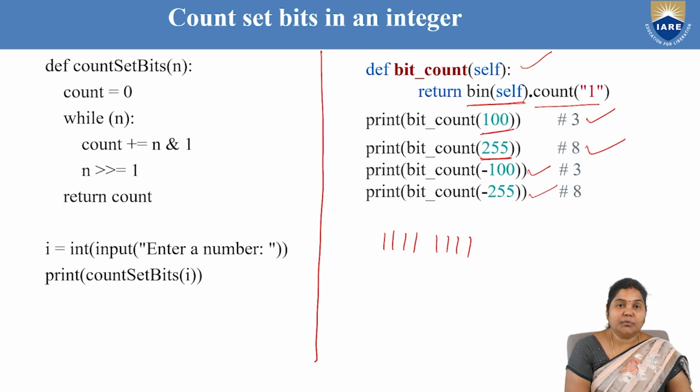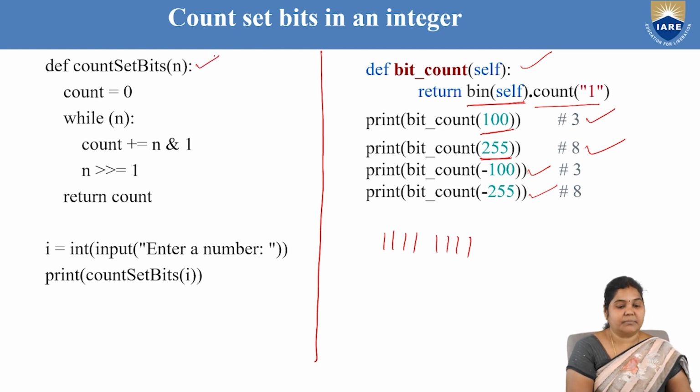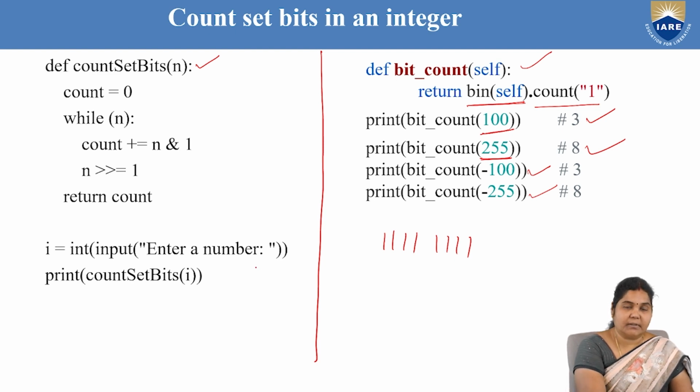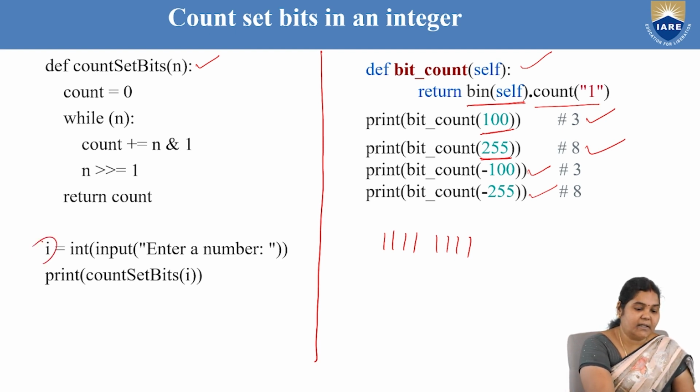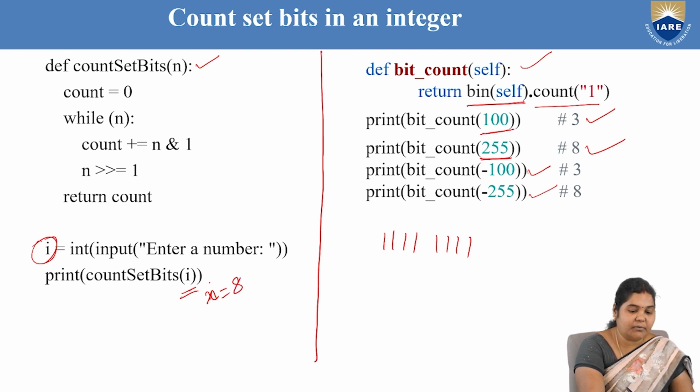Now, instead of using the built-in methods, how will you write the same code using a user-defined method? You can see here, we have written a method called count number of set bits and we are passing a number. We are reading a number, I is the number, and we pass the I value. Suppose the I value is 8.